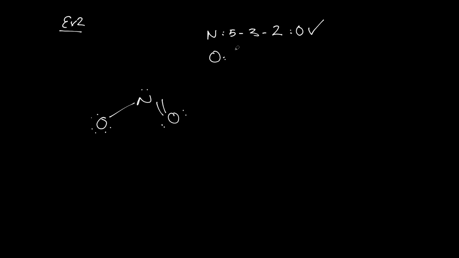It's 6, the number of valence electrons, minus 2 minus 4, neutral. How about this one over here? So we'll just say O, but that's in reference to this one. Then it's 6 minus 1 minus 6. So it's a negative 1 charge. So this would have a negative charge.